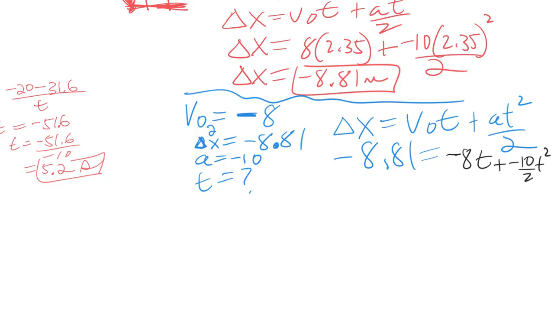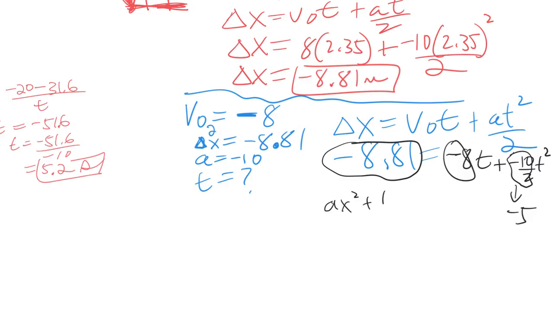So let's put this in quadratic form. So this is negative 5, negative 8, negative 8.81. So ax squared plus bx plus c equals 0. So putting this in terms, this would be negative 5t squared. The x is the t.